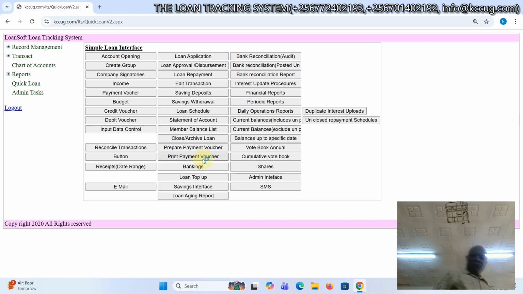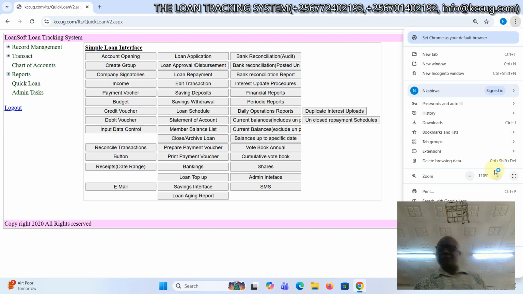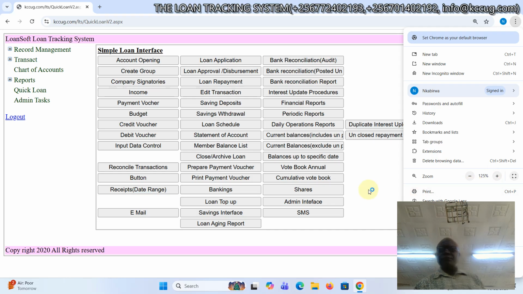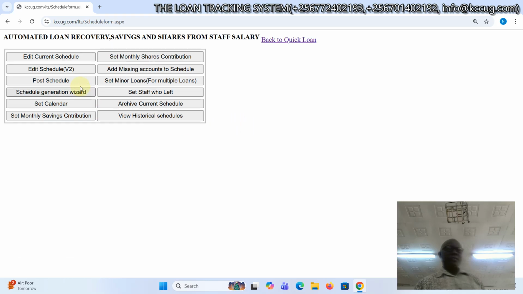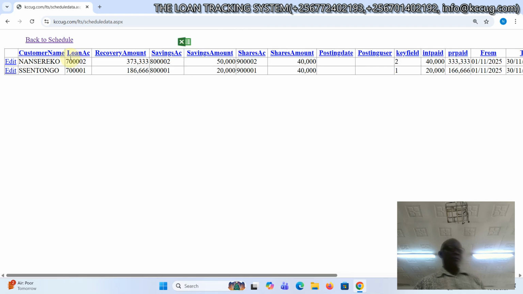Okay, so if we go back to our loan schedule, if you go back to the loan schedule here and click on edit current, you're going to discover that our loan schedule is still intact.